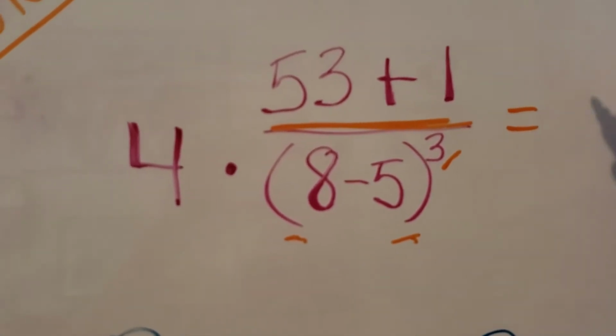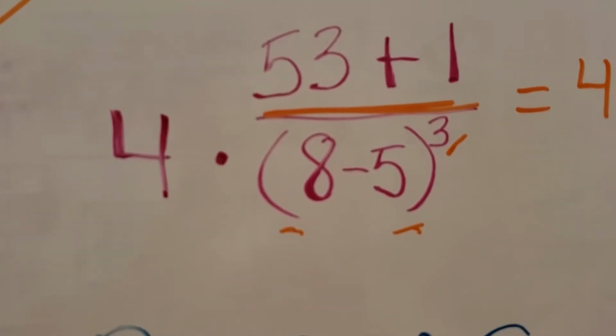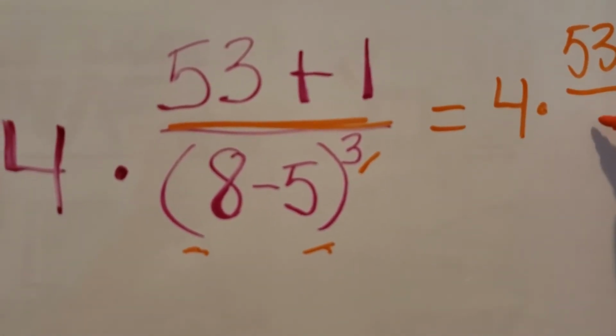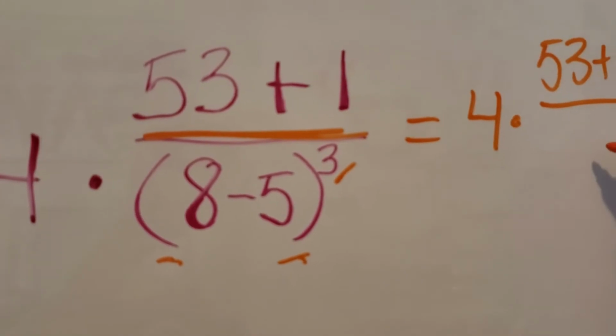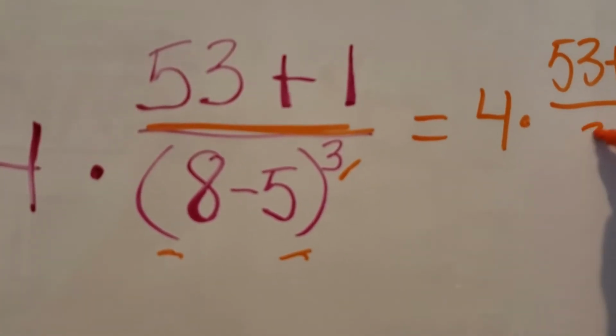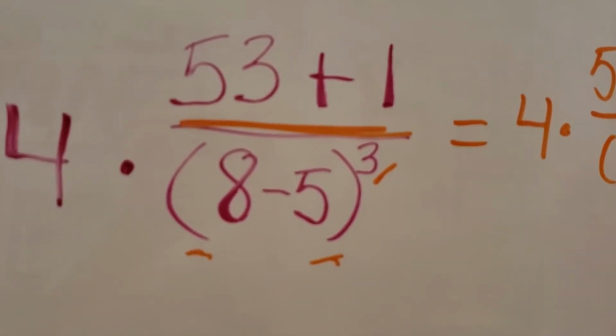It's still going to be 4 times, I'm still going to have 53 plus 1 on top here, and I'm still going to have something cubed, but instead of 8 minus 5, I can just solve. 8 minus 5 is 5, 6, 7, 8, 3. So now instead of 8 minus 5 cubed, I have 3 cubed.